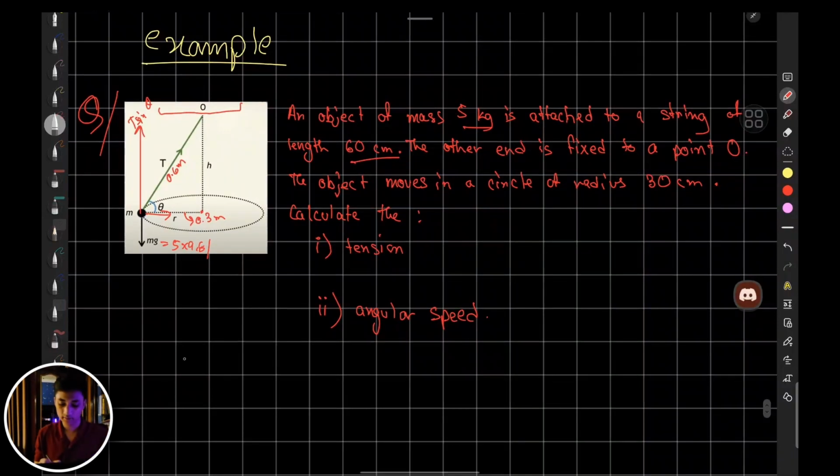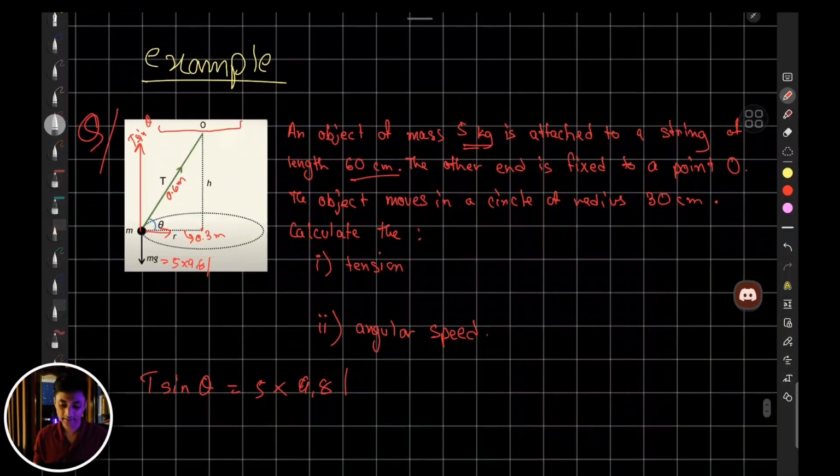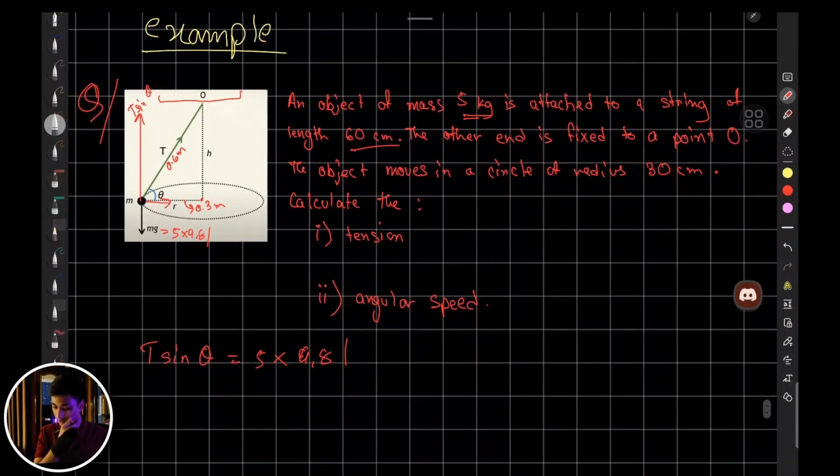So we can say that T sine theta, because we know the weight, T sine theta is equal to mg. We know the mass, 5 kg, so 5 times gravity, 9.81. And theta we can figure out because it's already given: 0.6, which is the length of the string, and 0.3, which is the radius of the circle.